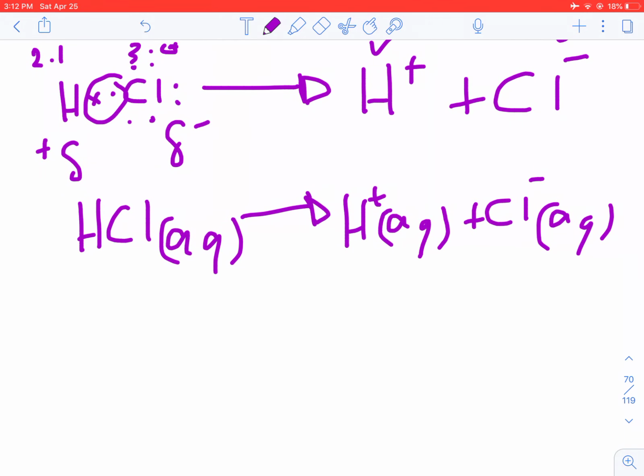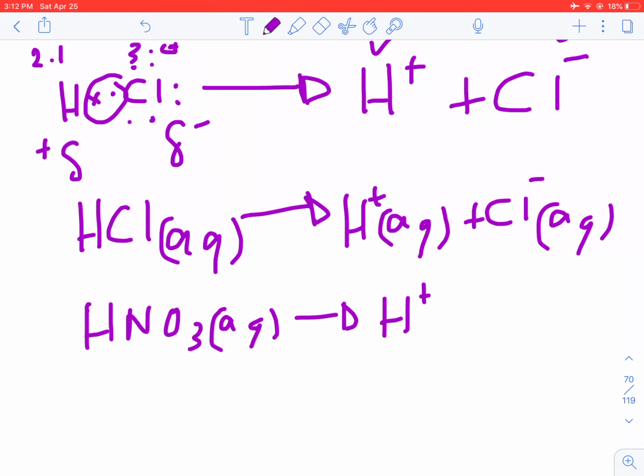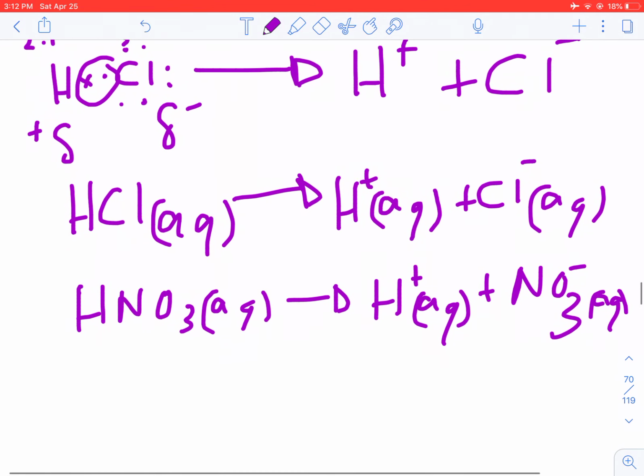If we take another example, HNO3 aqueous, again we could say H plus aqueous plus NO3 minus aqueous.